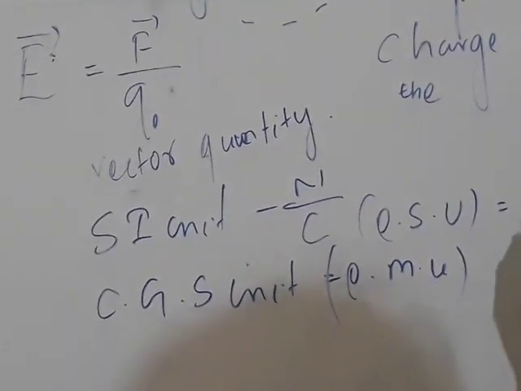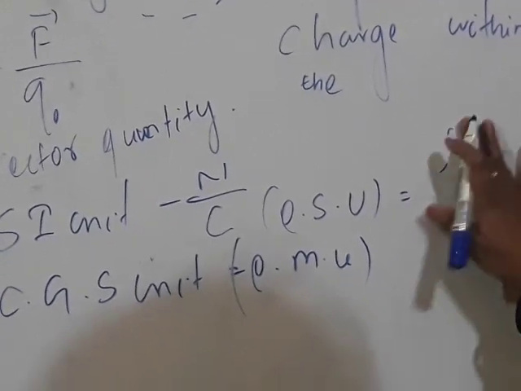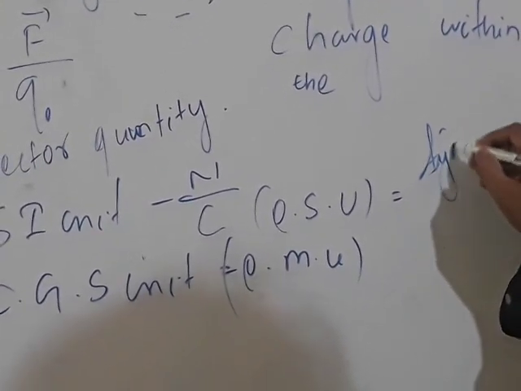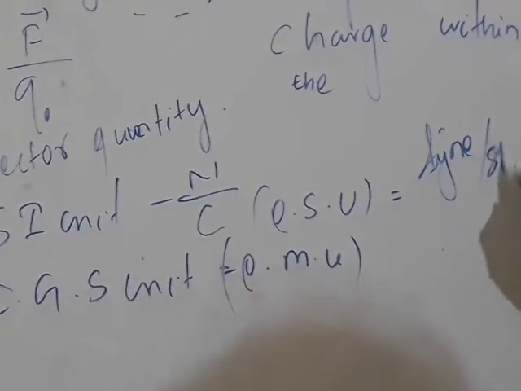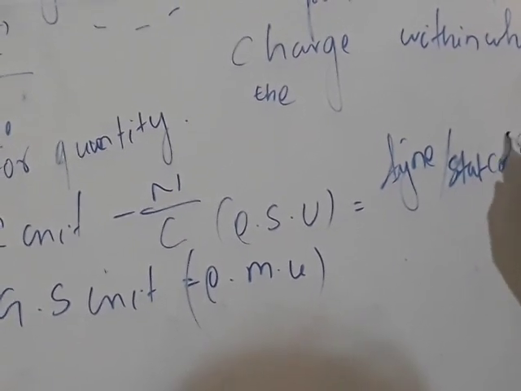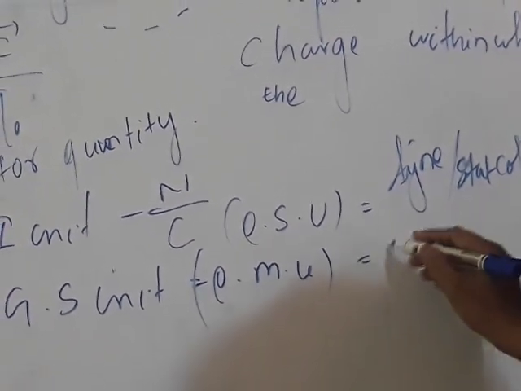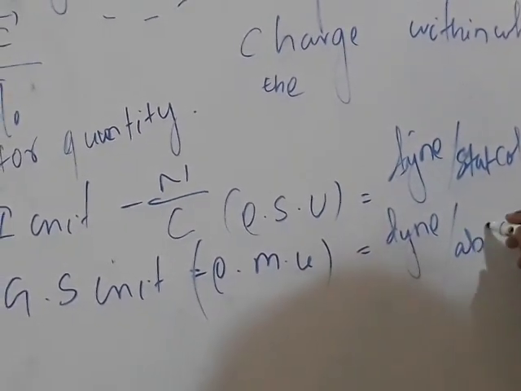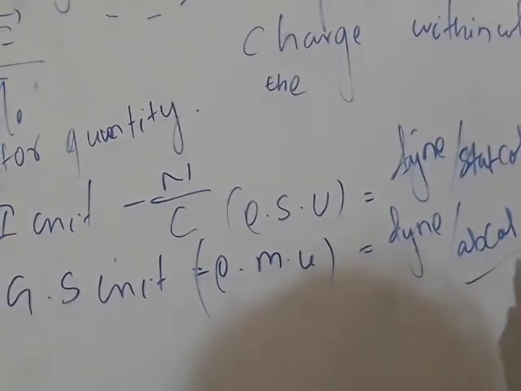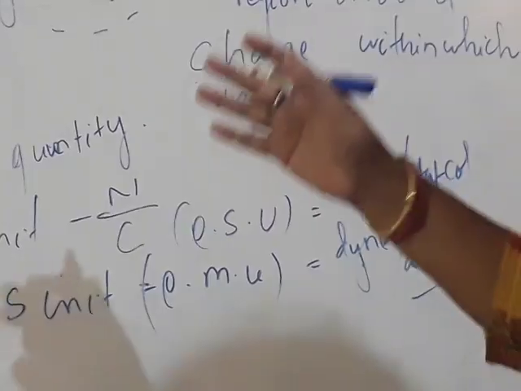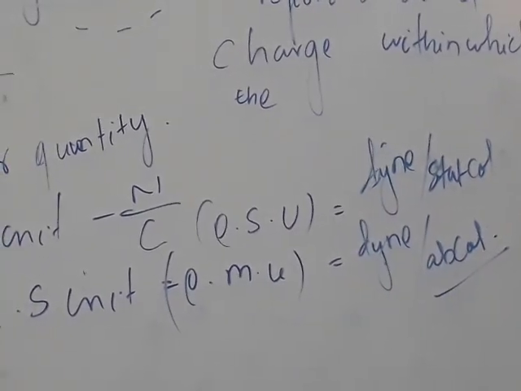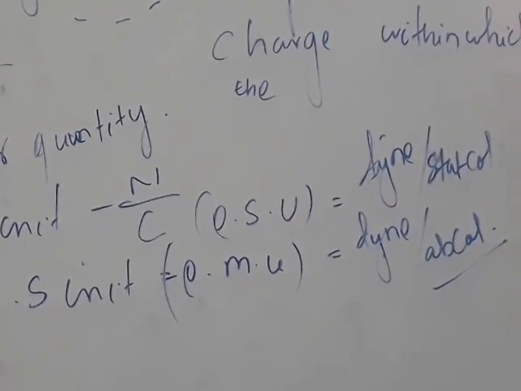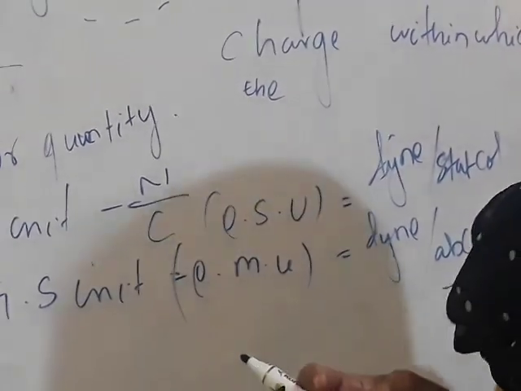In CGS ESU, it is dyne per stat coulomb, and in CGS EMU, dyne per ab coulomb. So this is all about the electric field intensity, which defines how strong or weak the field is.